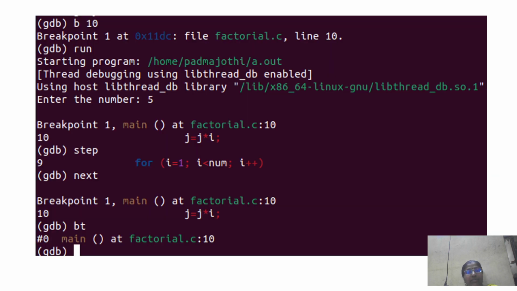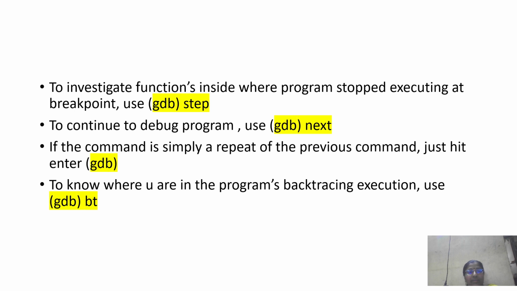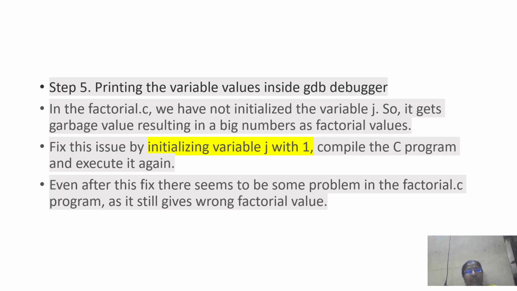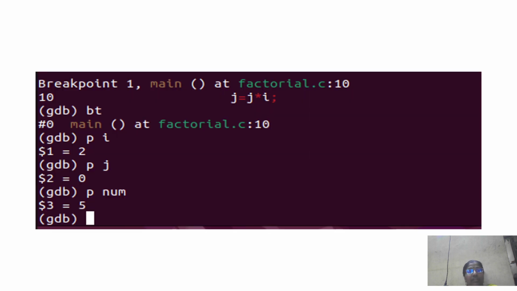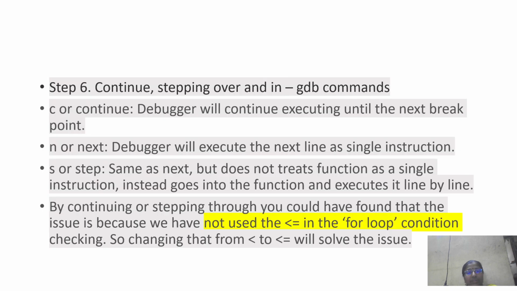You can use step, continue, next or backtracing to trace all the bugs. Then you can print the variable values. By examining the variable values you can also debug the code. Then you make the correction and run again.